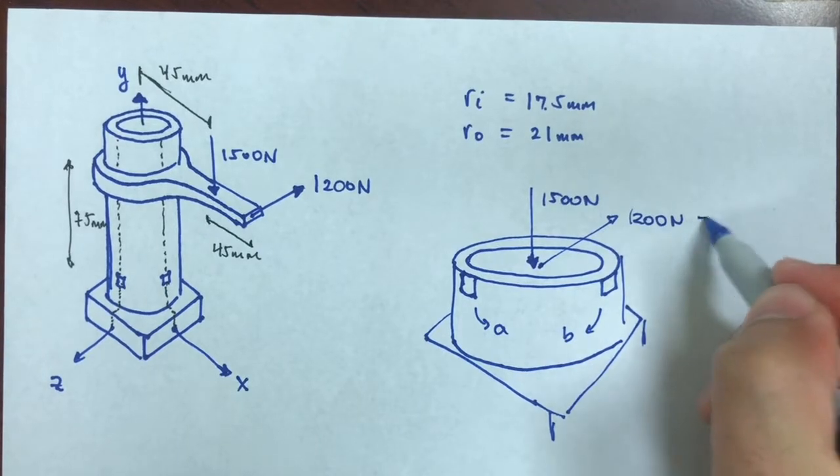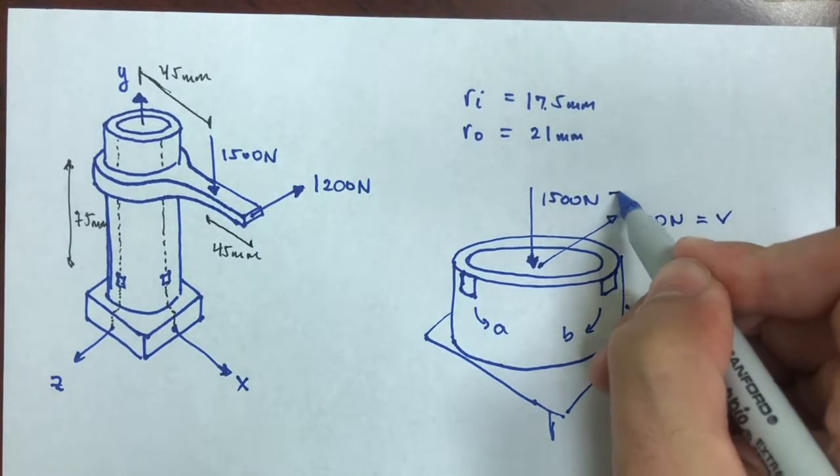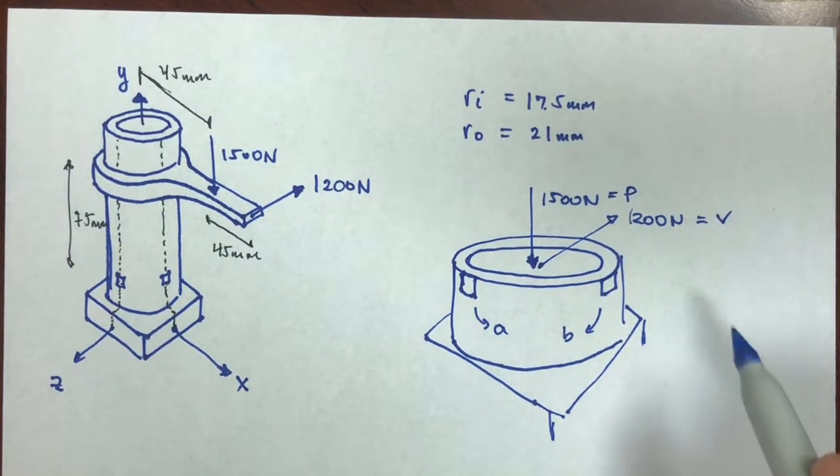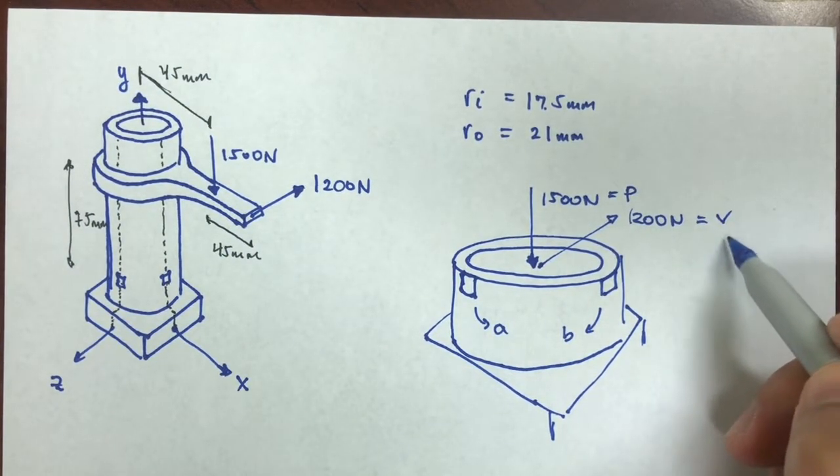I'm going to call those V so that I identify them as a shear, and this P, so I identify them as a compressive stress for my equations of P over A and VQ over IT.